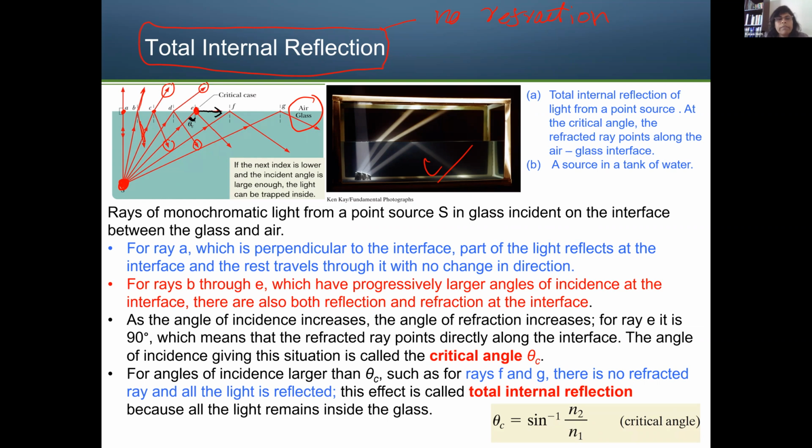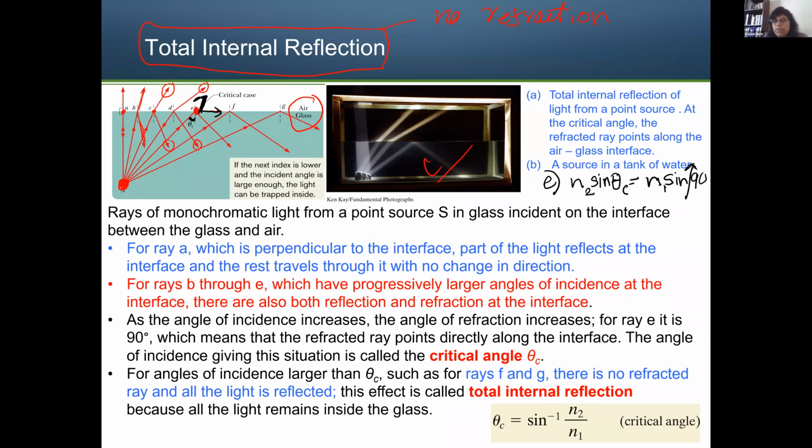So now if you write Snell's law at this point, point E, you're going to start with N2, I would say glass in here. N2 sine of theta critical should be equal to N1, that is my second medium, times sine of 90 degrees, because this angle in here is 90 degrees.